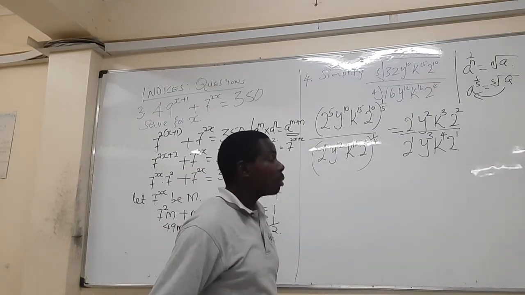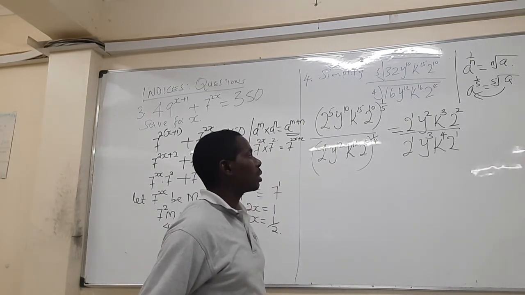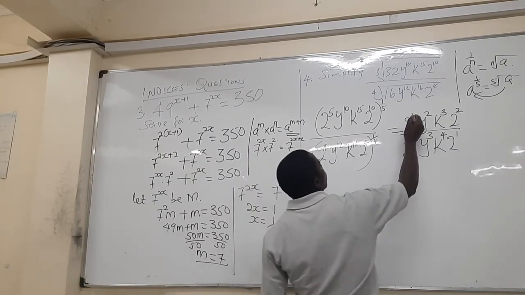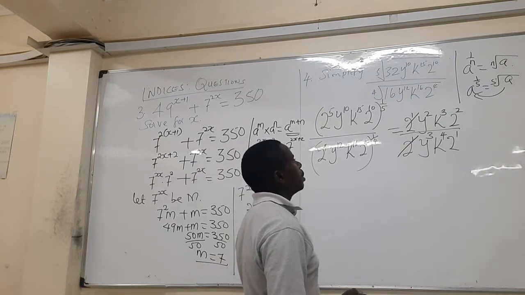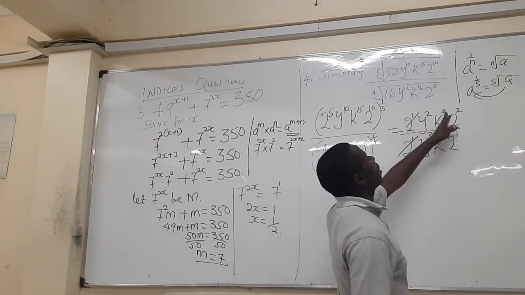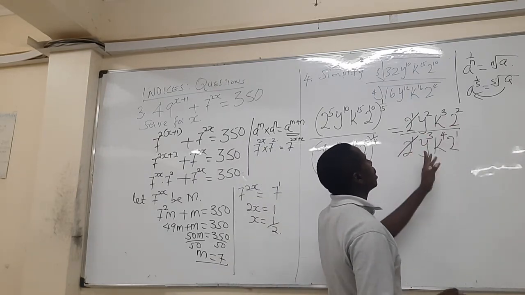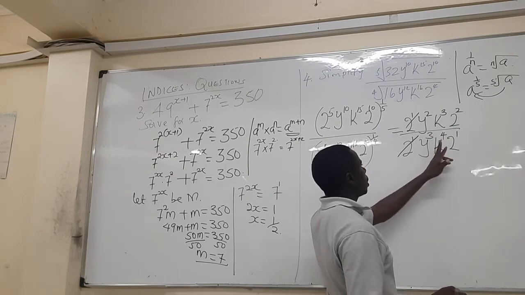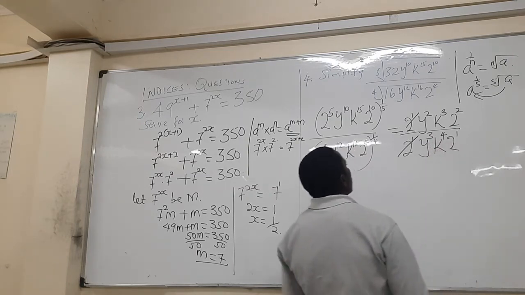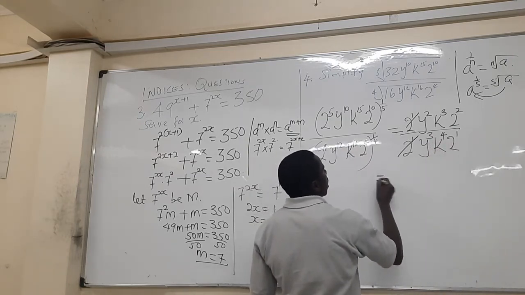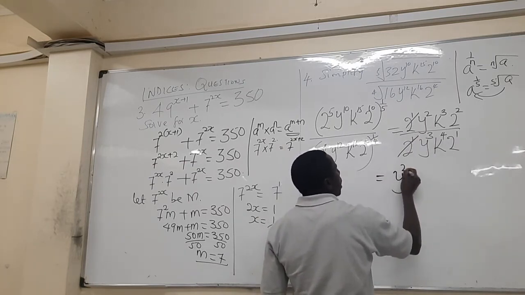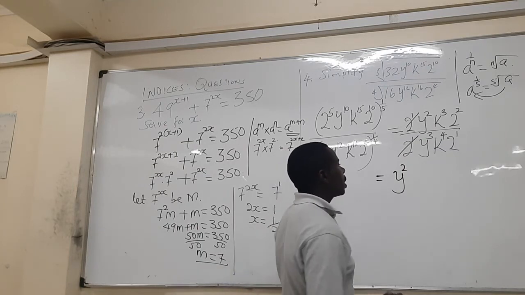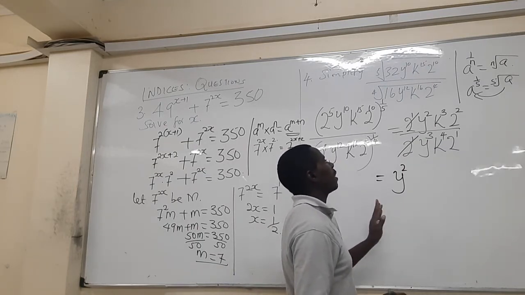When you look at it, we have 2 power 1, 2 power 1. This one can cancel. Then you're going to be left with y squared k power 3, 2 power 2, and then divided by y cubed k power 4, the 2 power 1. And then in this case, you can just have the y there. We have in the numerator y squared. Remember, in indices we look at the numbers that have the same base.